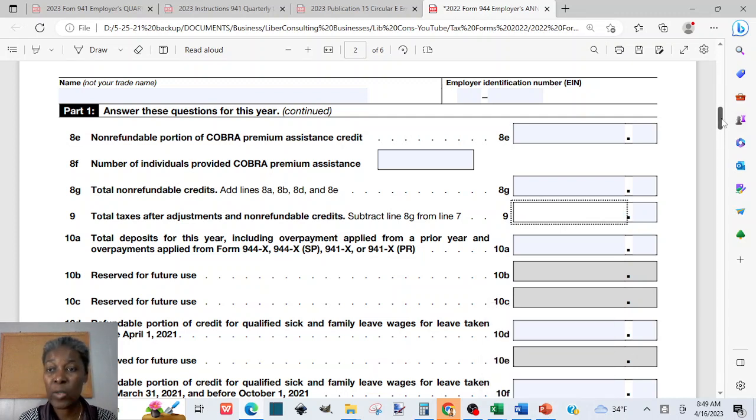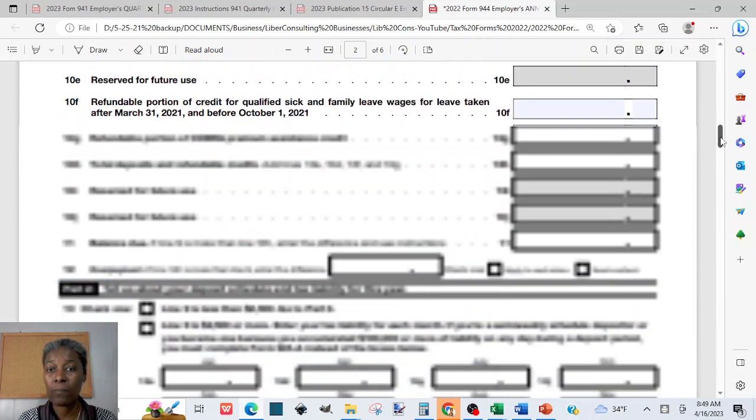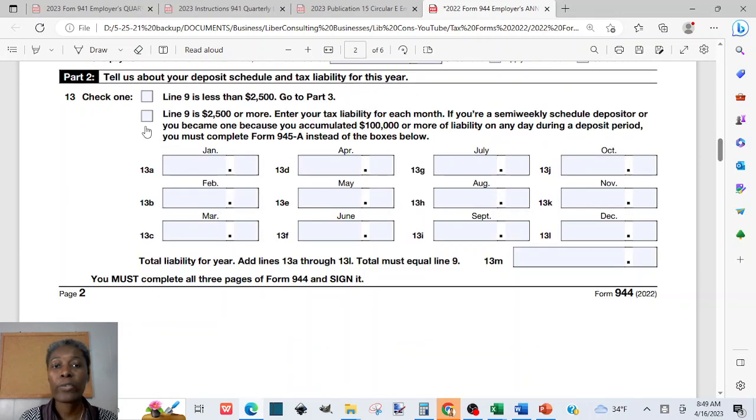And if you are a semi-weekly deposit schedule, let's go back to our PowerPoint. Again, because $5,000 is going to lead us to check the box on line 13, because we estimated tax on a $20,000 salary and it is $5,000.